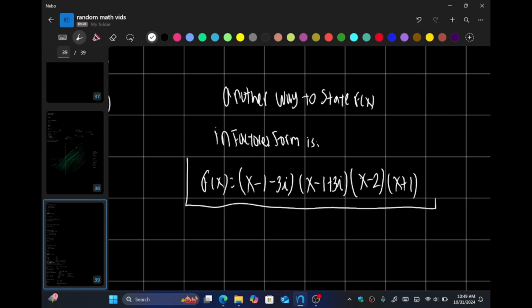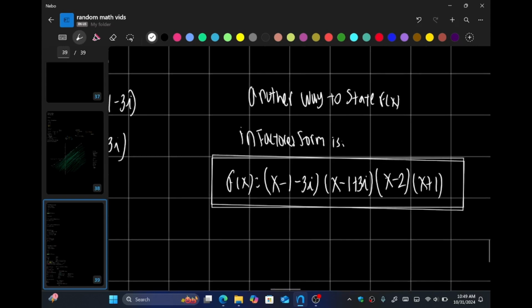And this, guys, is also yet another answer in factored form.